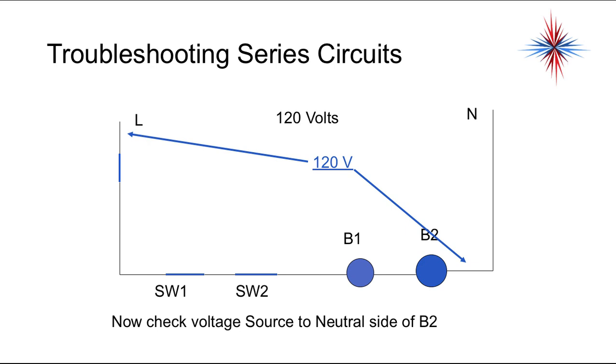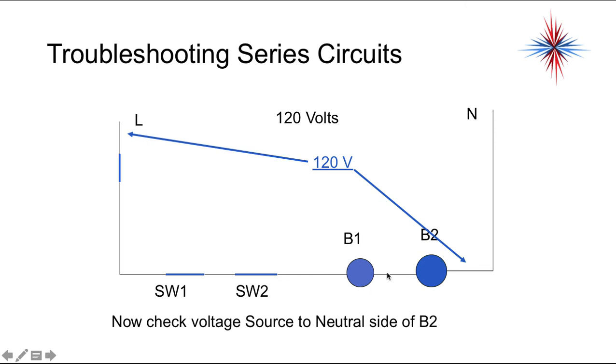We have some basic things we have to talk about. Voltage across an open switch in a series circuit will always be source. I don't care if it's 120 volts, 240 volts, or 480 volts. If I have voltage across a switch, or if the switch is open, it's source.